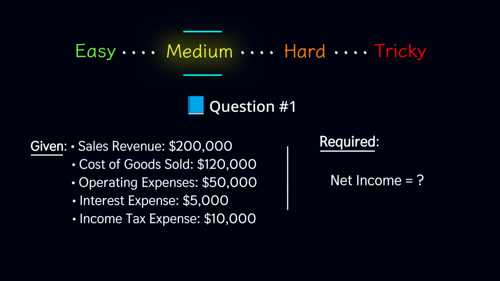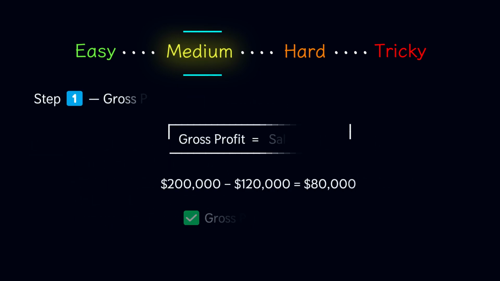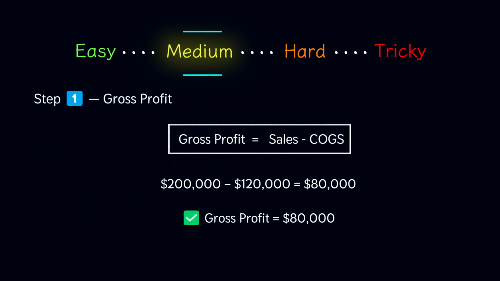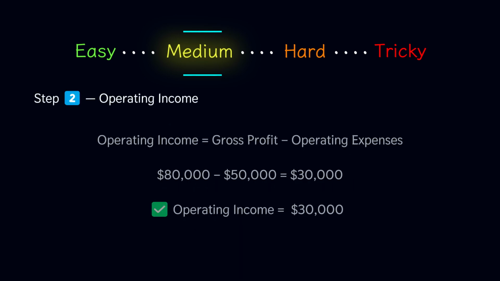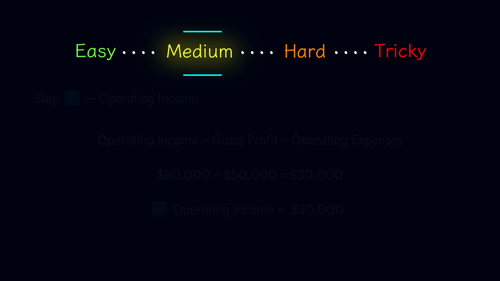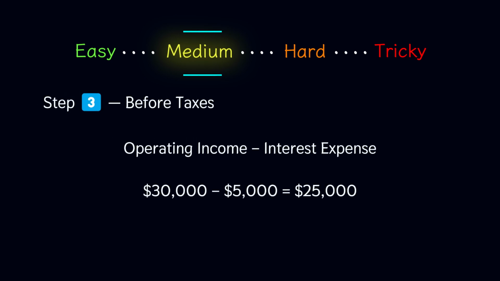Let's build this step by step, no skipping. First, gross profit. Sales minus cost of goods sold. 200,000 minus 120,000 equals $80,000. That's gross profit. Now we subtract operating expenses. 80,000 minus 50,000 equals $30,000. At this point, we are at operating income.